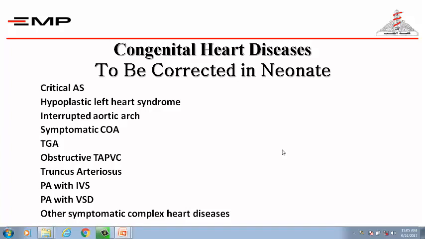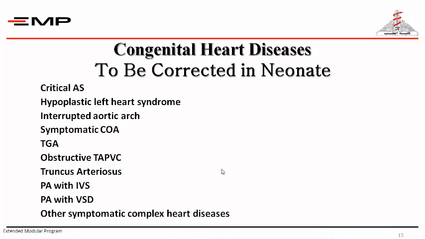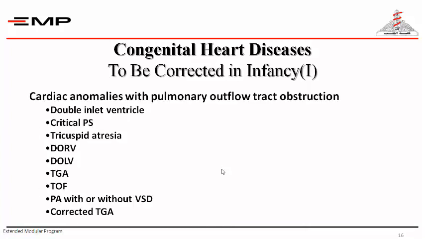In congenital heart disease to be corrected in infancy, there are cardiac anomalies with pulmonary outflow tract obstruction, as in double inlet left ventricle, critical pulmonary stenosis, tricuspid atresia, double outlet right ventricle, double outlet left ventricle.